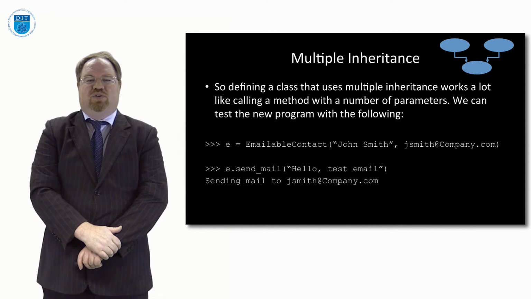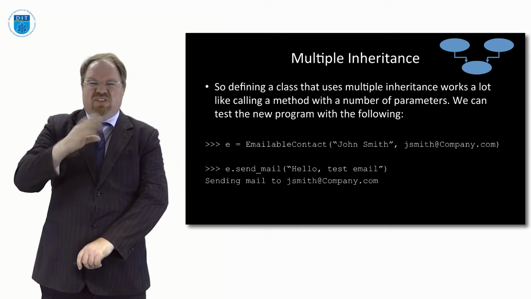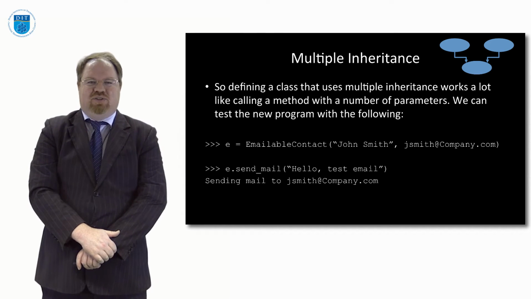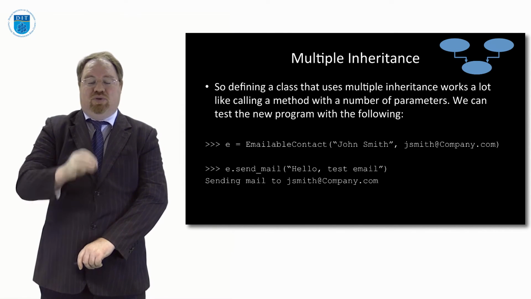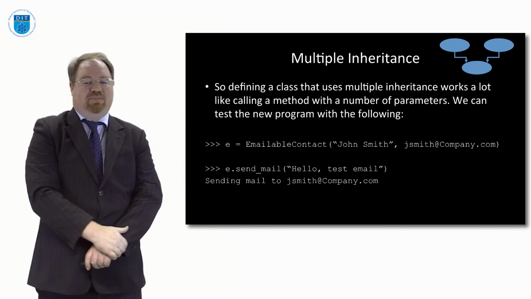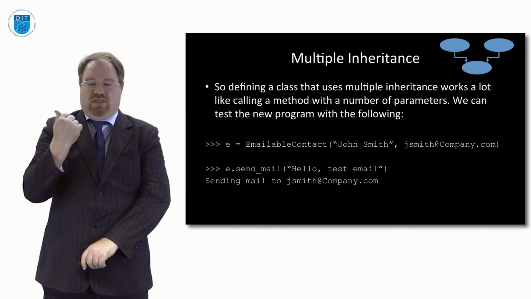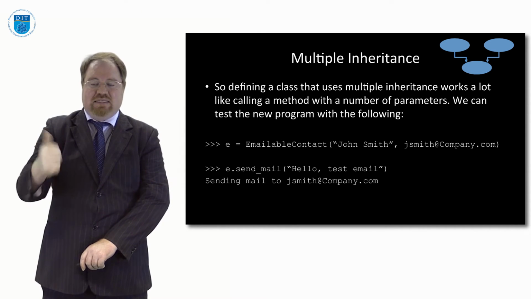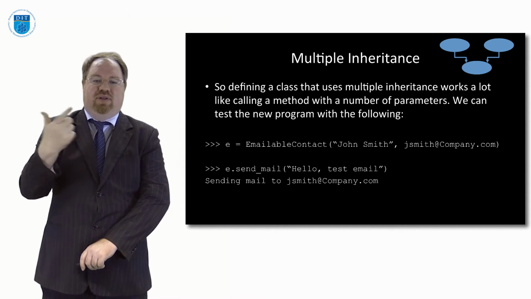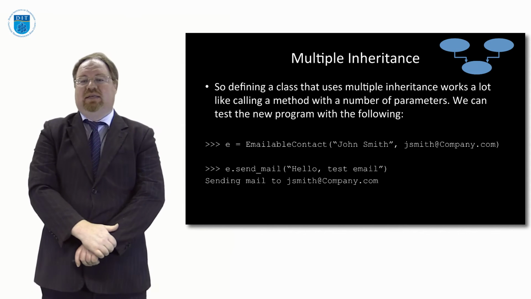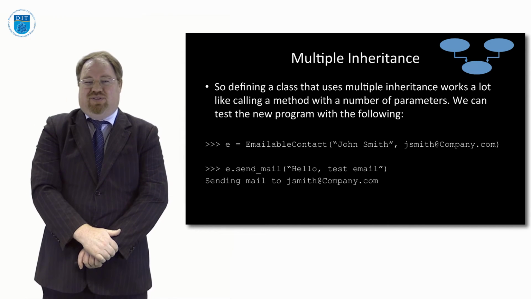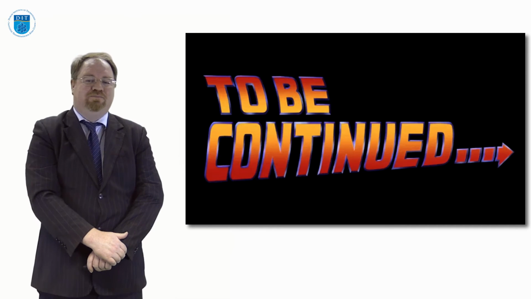So it'll send that message to John Smith's email address. We haven't actually put in the functionality to do that, but this is doing it in the sense that it's printing out that message. So we can see EmailableContact takes information from the Contact class and takes information from the MailSender class, and it allows us to do that, which is really sophisticated stuff.